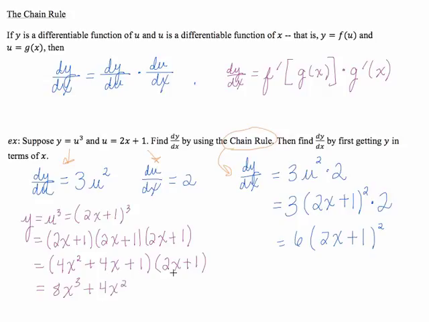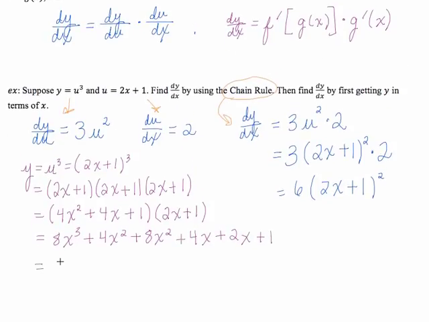Then 4x times 2x is positive 8x squared. 4x times the 1 is positive 4x. 1 times 2x is positive 2x. And then lastly, 1 times 1 is positive 1.